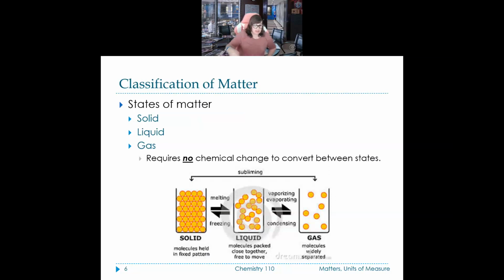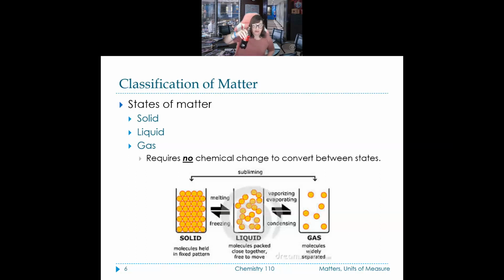But then there are liquids. Liquids have more space in between the molecules, and they're not in a fixed position, so they can move. What does that mean to me? Well, if I have my soda over here and I turn it in such a way that it comes out of this container, it's going to change the shape that it's in.